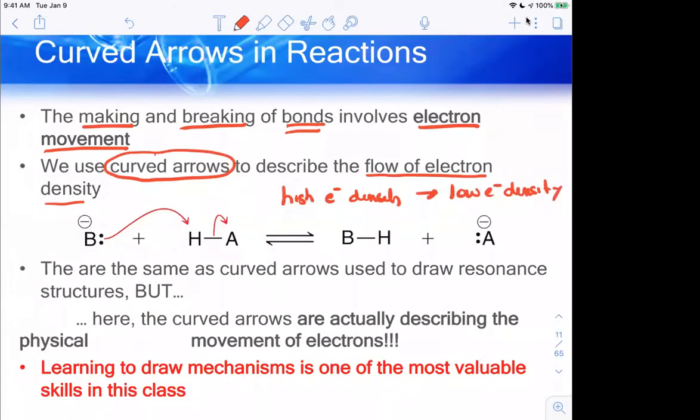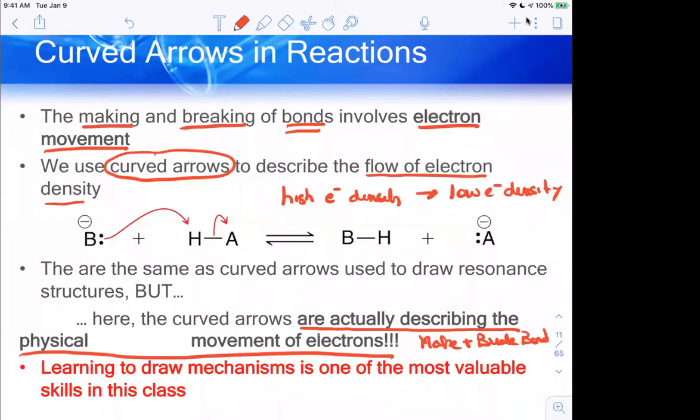That's always my flow of electrons. These are the same curved arrows that we use to draw resonance structures, but here I'm actually describing the physical movement of electrons to make and break bonds.